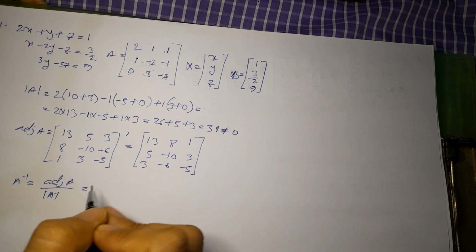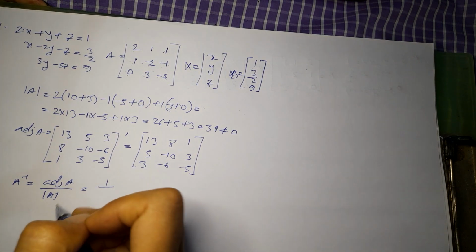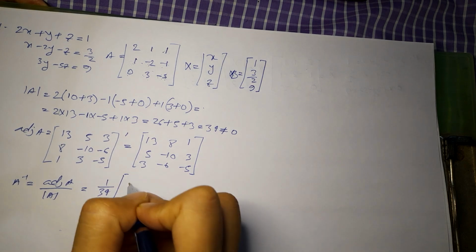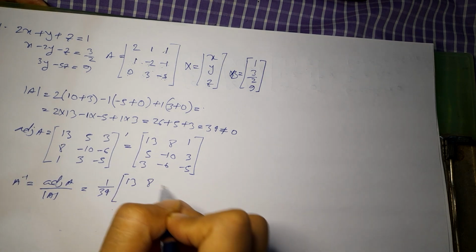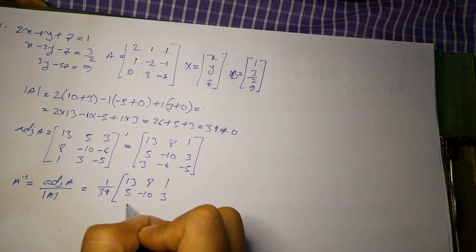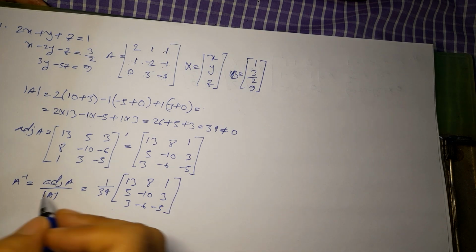So the adjoint of A times 1 by the determinant, which is 1 by 34, the adjoint being 13, 8, 1, 5, minus 10, 3, 3, minus 6, minus 5. Now we have to find x.